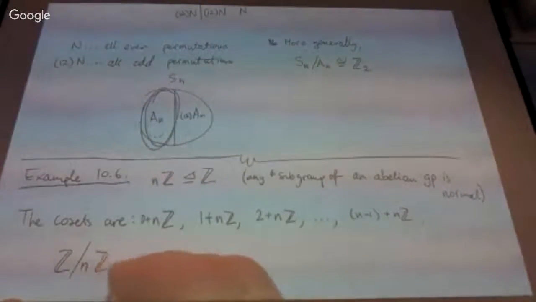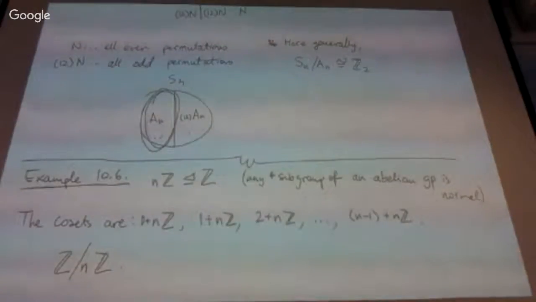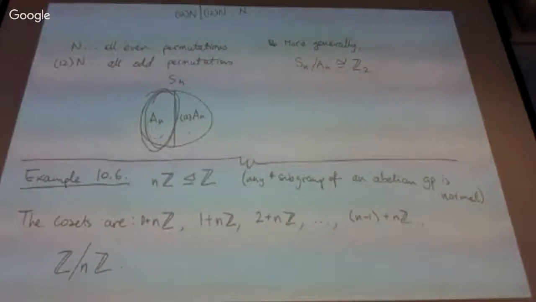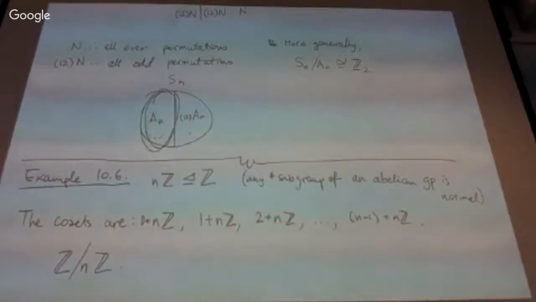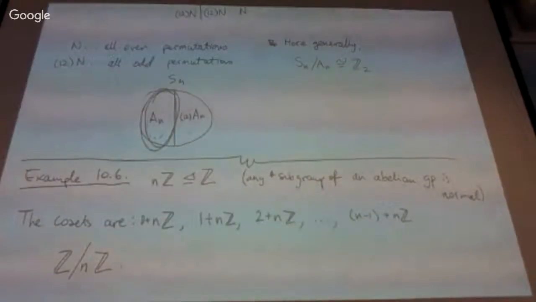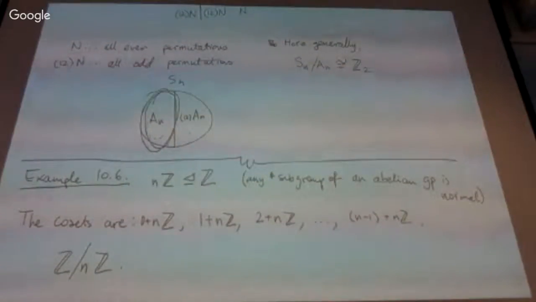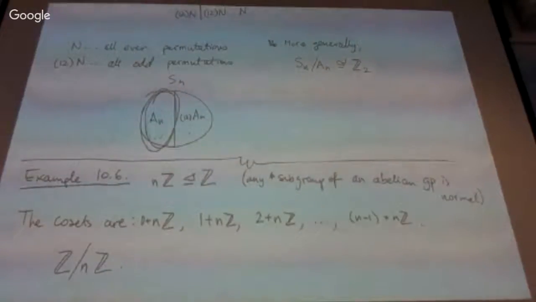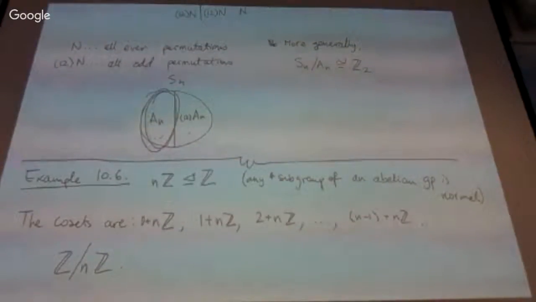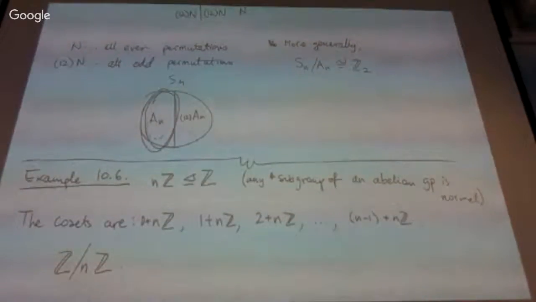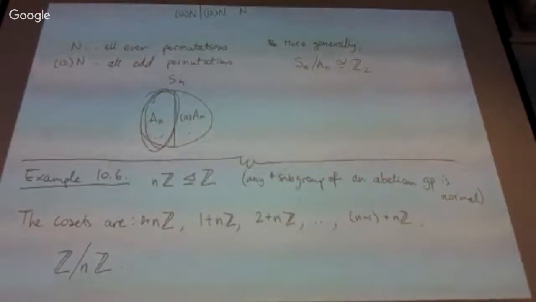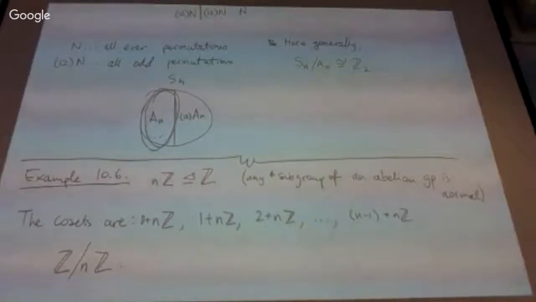So what's the factor group? Got it yet? What are the elements?